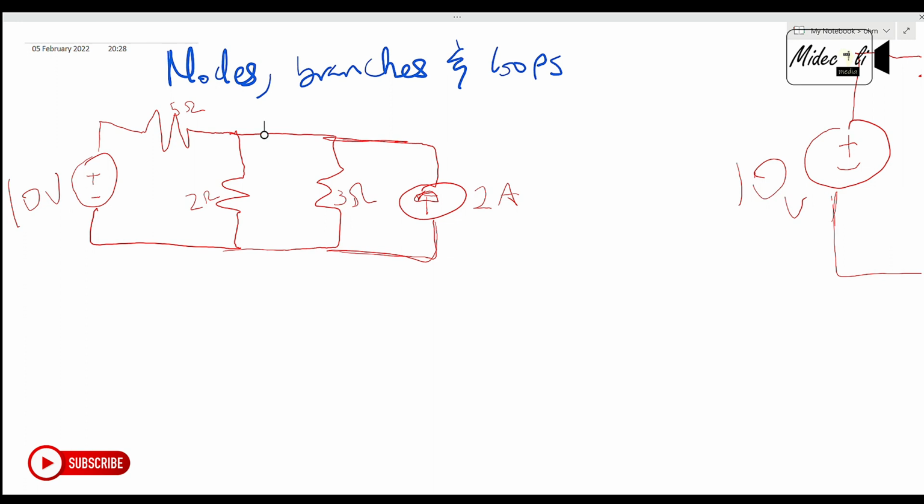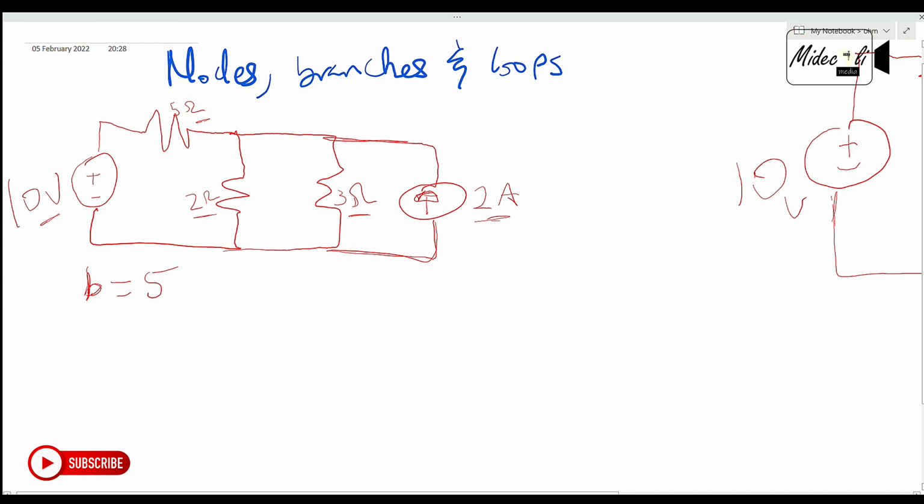So now let's count how many elements, how many branches do we have in this circuit. We have 1, 2, 3, 4, 5. So our branches B is equal to 5.